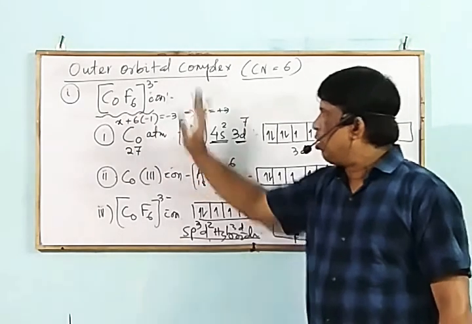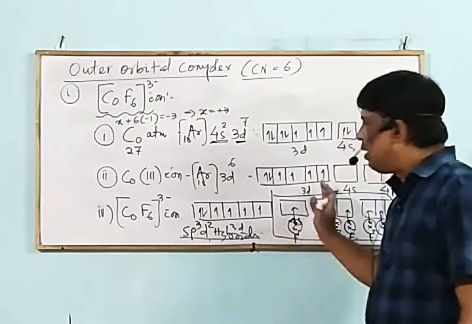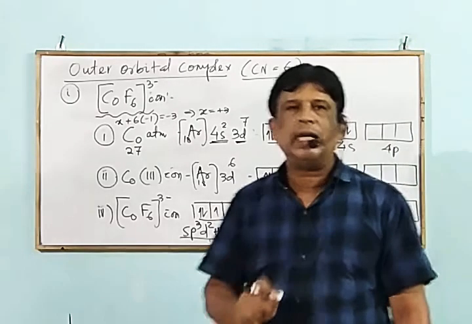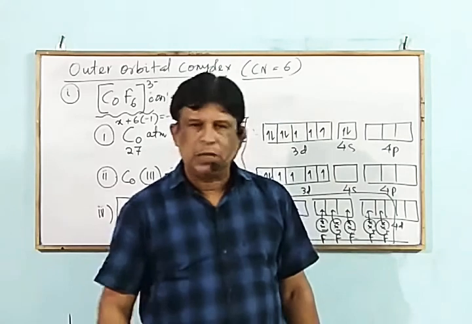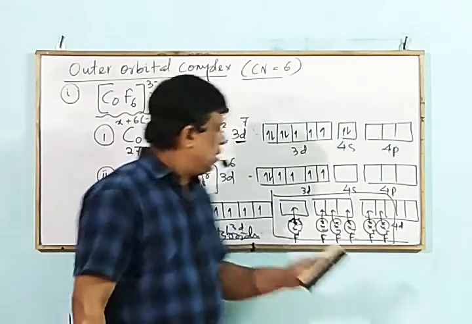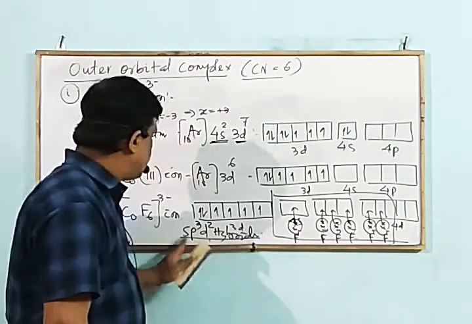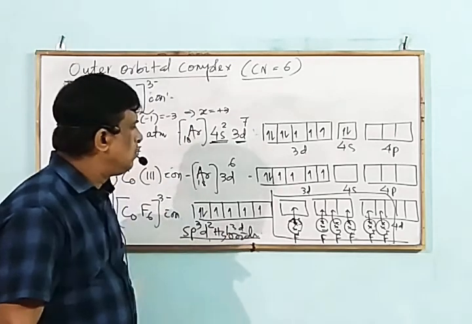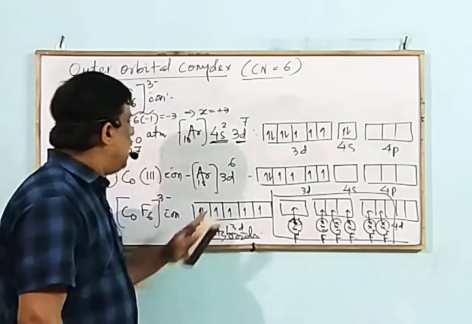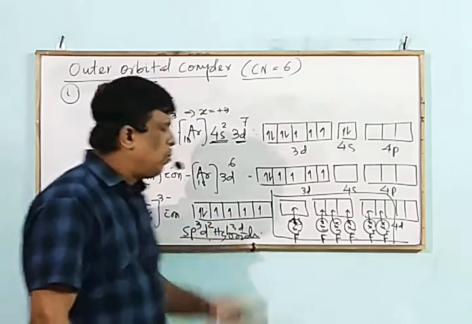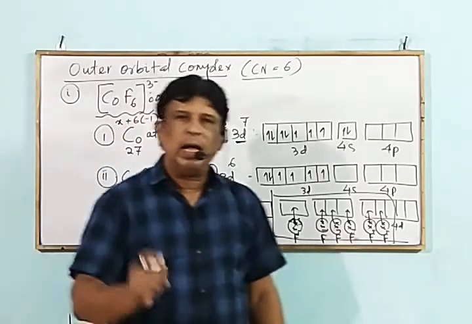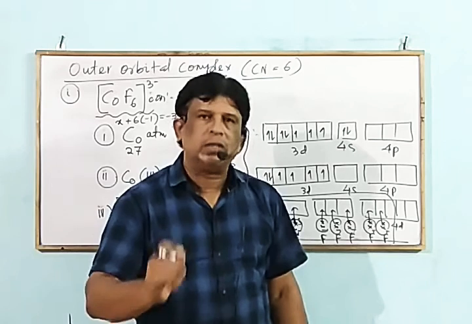It is an outer orbital complex because the outer d orbital, that is the 4d orbital, participates in the hybridization, and the expected hybridization is sp3d2, octahedral complex. And since there are unpaired electrons, this complex is paramagnetic in nature.